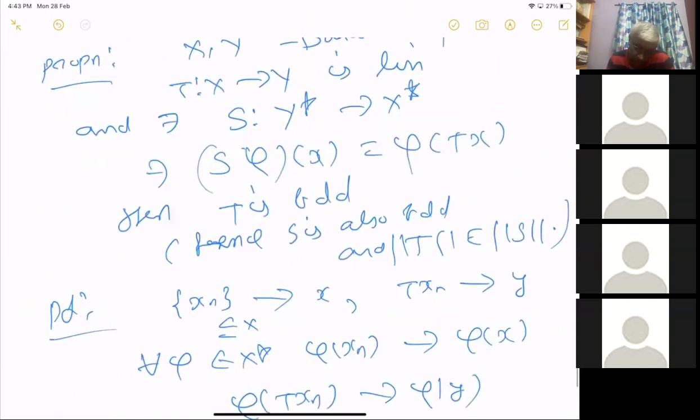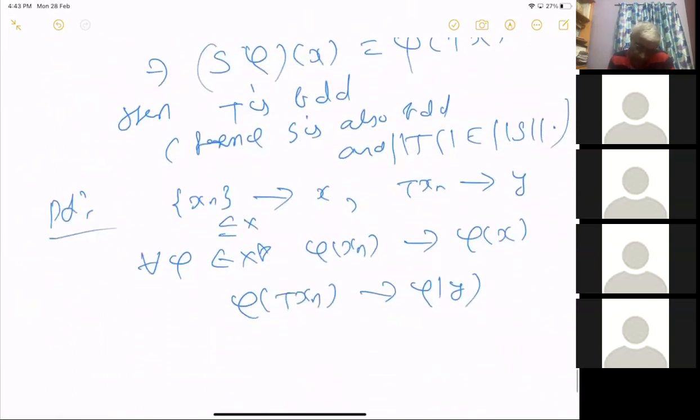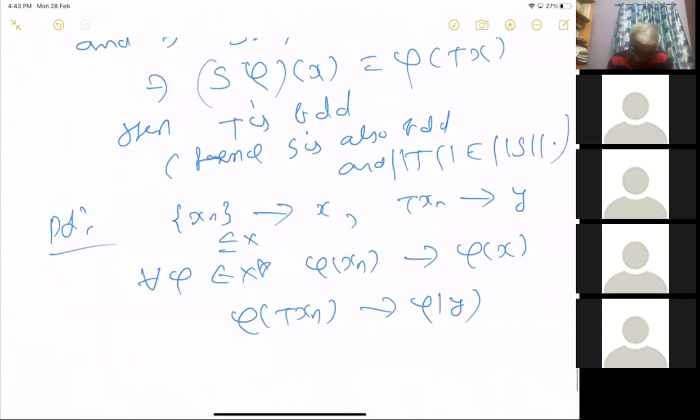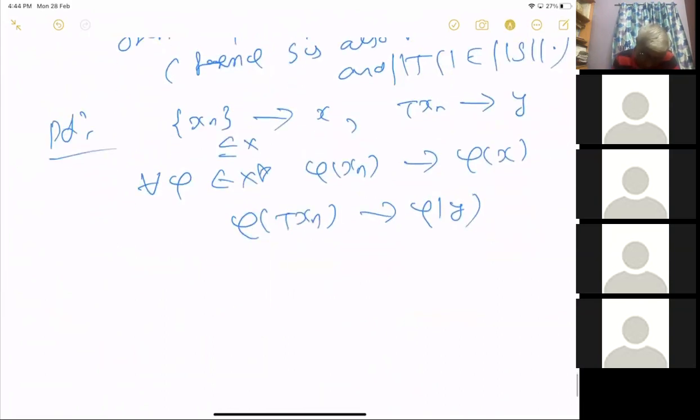If I write it in this way, it will be clear. We have x_n. What do we have to prove?